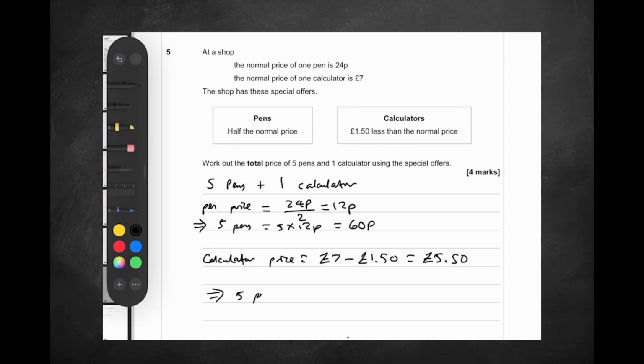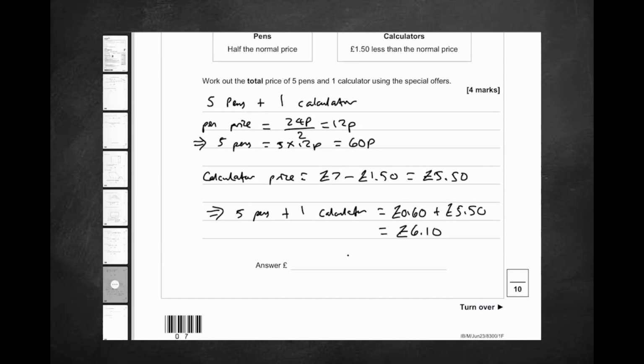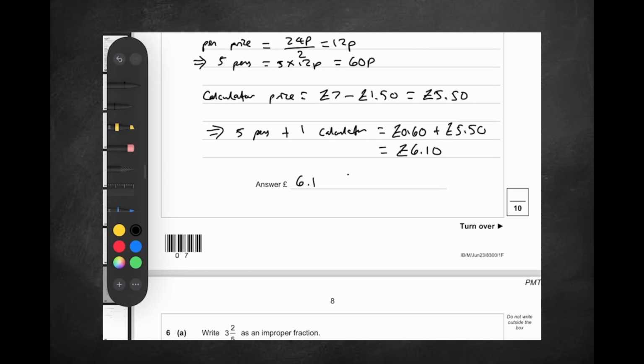Therefore, 5 pens plus 1 calculator equals 60p, which we can write like this, plus £5.50, giving us £6.10. I'll put it down here. The answer wants it in pounds. £6.10.